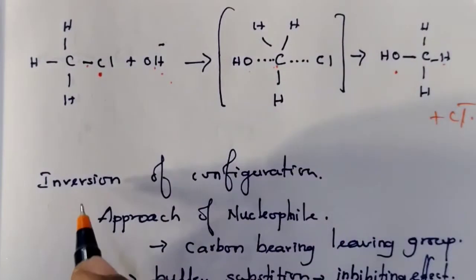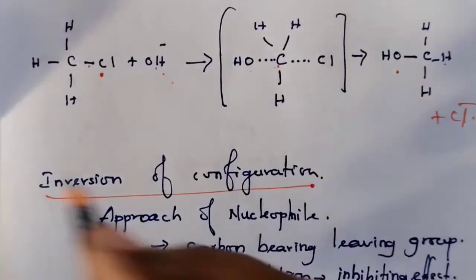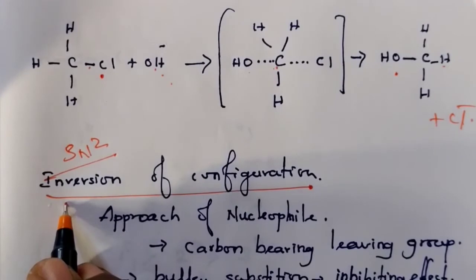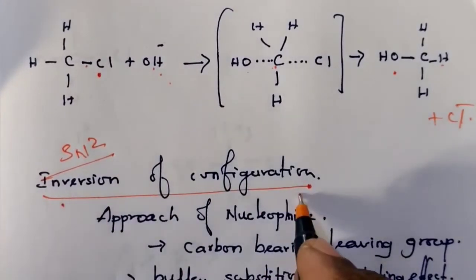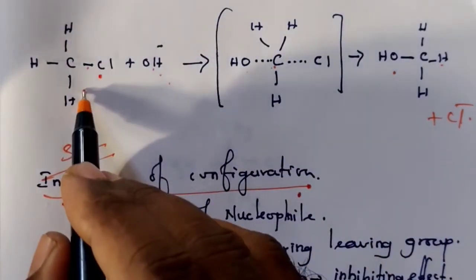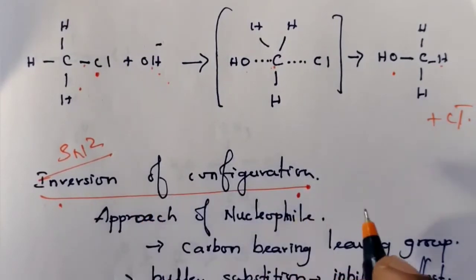That means the reaction proceeds with inversion of configuration, or otherwise, the SN2 mechanism proceeds with inversion of configuration. The configuration becomes just the reverse of the reactant. Therefore, this reaction proceeds with inversion of configuration.